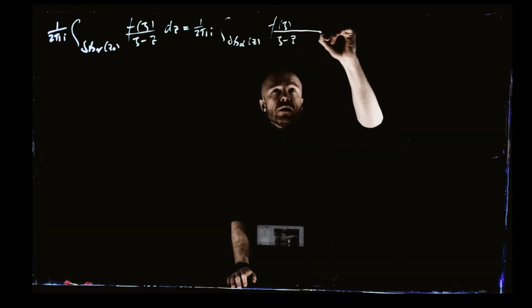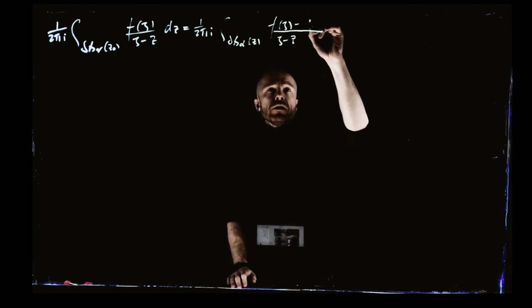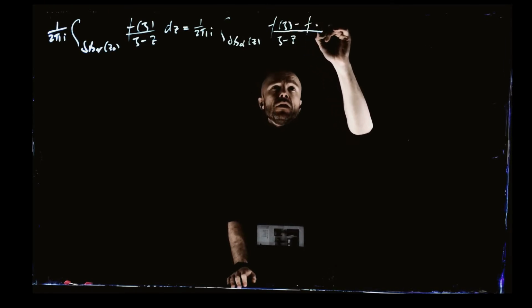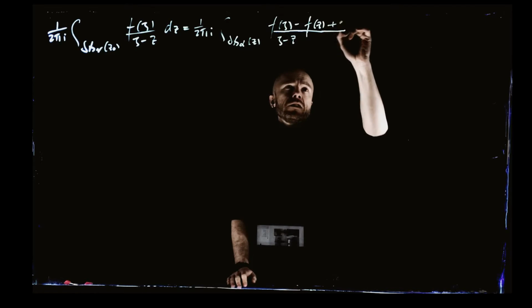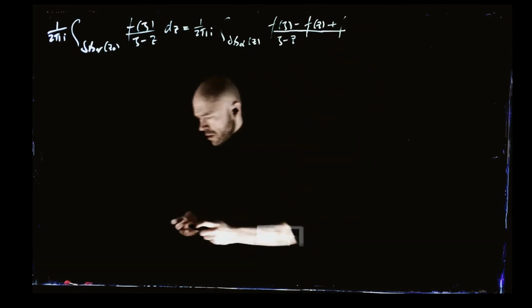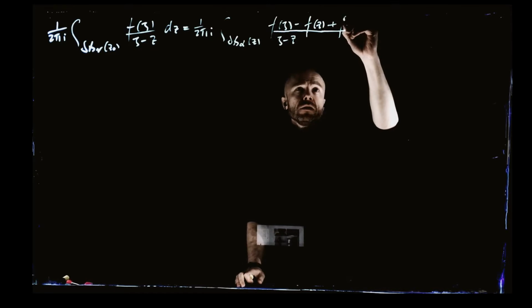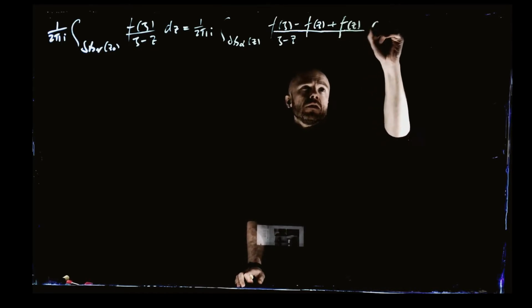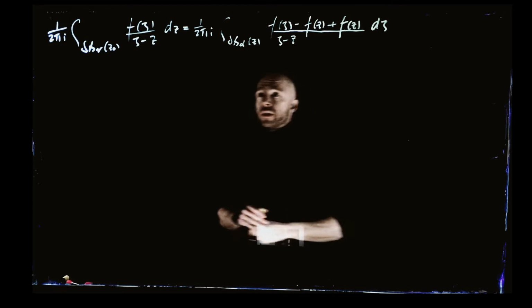Let's write this as f of zeta minus f of z plus f of z, which for sure we can do. We can add and subtract something without changing anything, yeah? That's clearly true, yeah? And then let's break up that thing.